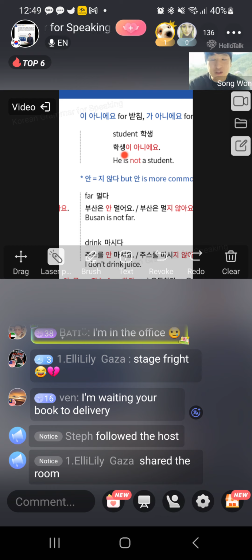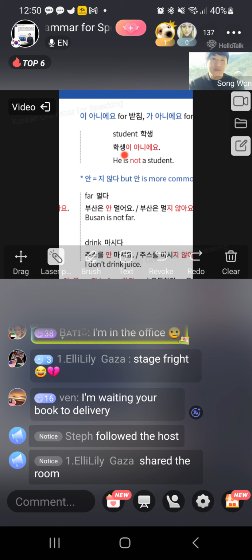So that's why we want to use 이 아니에요. Check the word and see if there is a bottom letter or not. If there is, use 이 아니에요. If there isn't, use 가 아니에요. That's all you have to memorize.